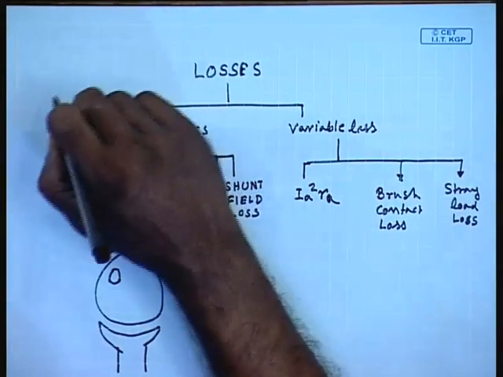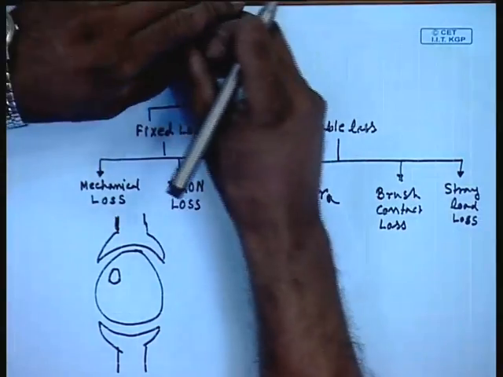There are several mechanisms that go into producing this stray load loss. For example, the skin effect of the armature conductors, and then the induced iron loss in the end covers, overhangs, skin effect of the overhang. All these items go into making the stray load loss.